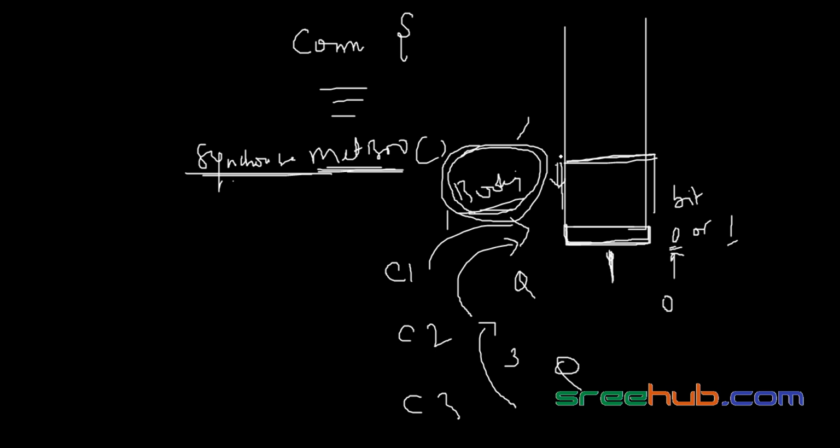Now what happens once C1 gets completed? Once one execution is completed and it goes out of this method, your memory will become 0. When it becomes 0, the next queue item C2 will come up and access this method, and again it goes to 1. When it completes, this method will again go to 0, which is empty. Again C3 will enter and lock, and C3 will be completed.